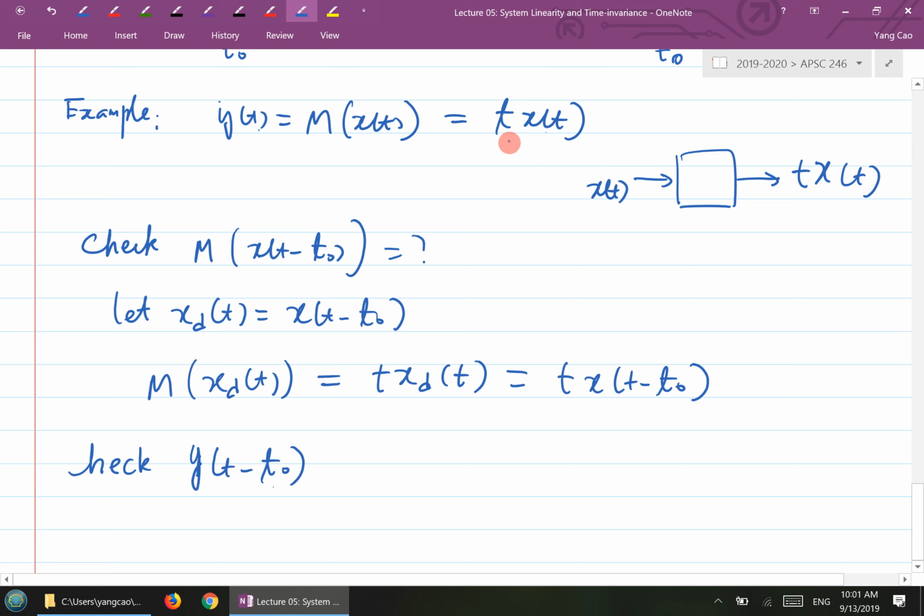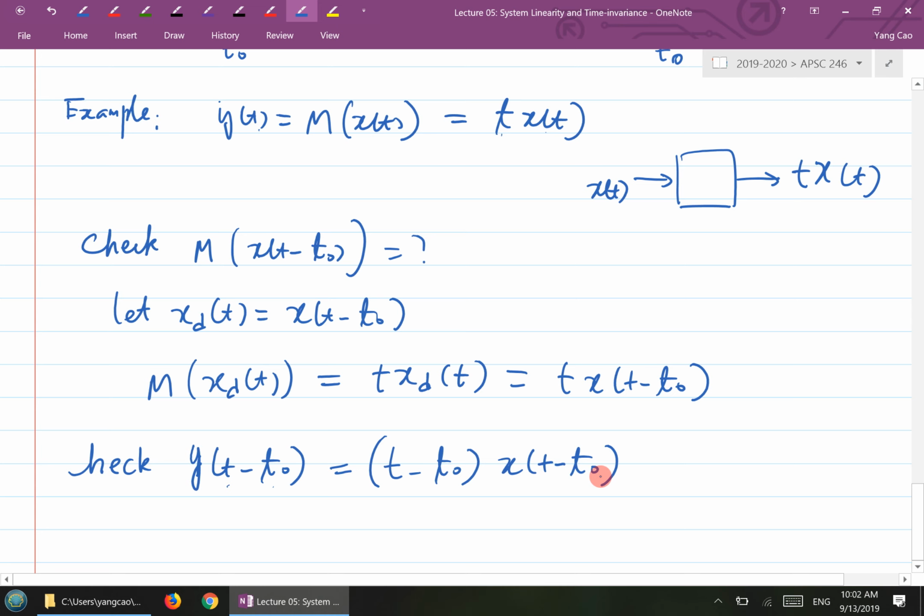So you go to the expression for the output and look for every one of the t, and replace every one of them with t minus t naught. I've got a t here, and a t here, so that becomes t minus t naught times x of t minus t naught.